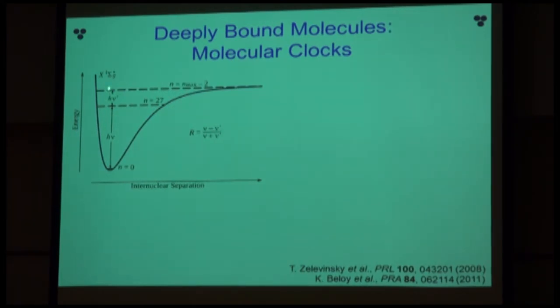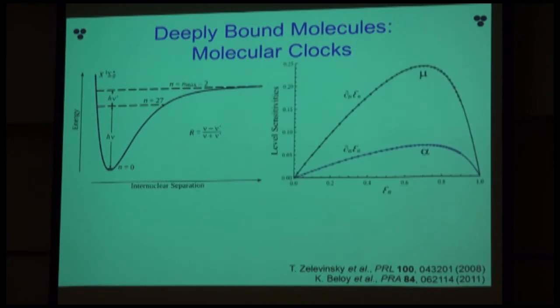Here I show, for example, if one measures a transition from the 0th vibrational level to one in the middle here, and one from here to one of the weakly bound ones, and takes the ratio of the 2 frequencies, that ratio ends up being quite sensitive to any drifts in the electron-to-proton mass ratio, but completely insensitive to any intermediate clock you use to measure these frequencies, because that cancels out. So it's a nice thing.